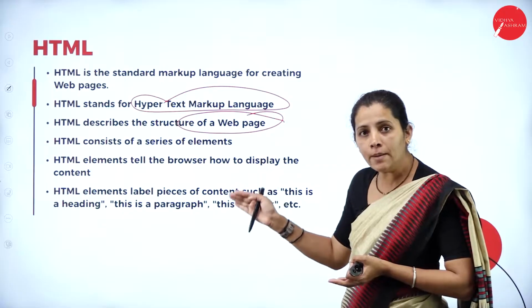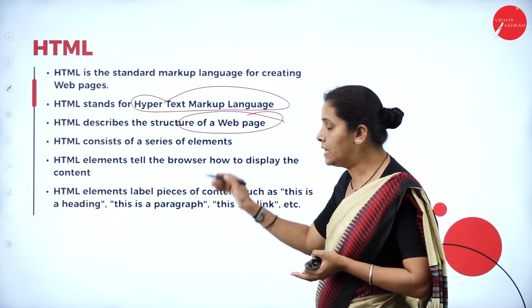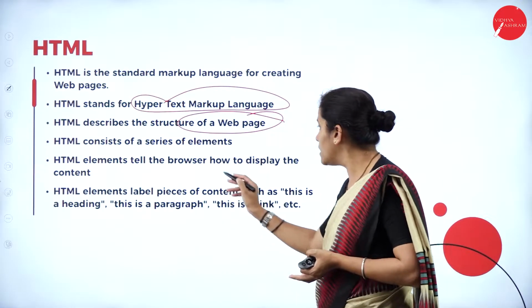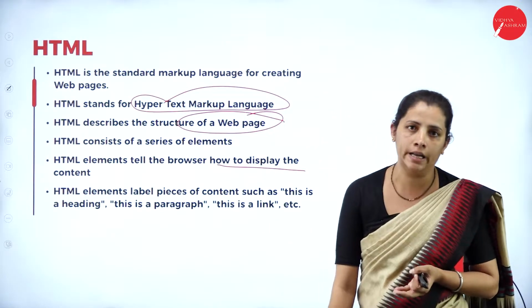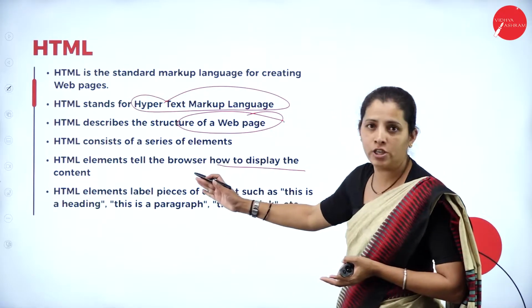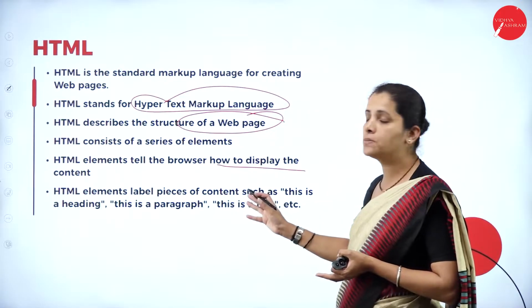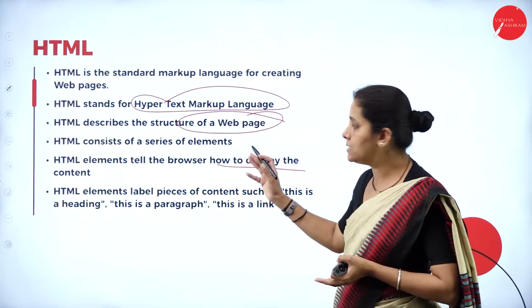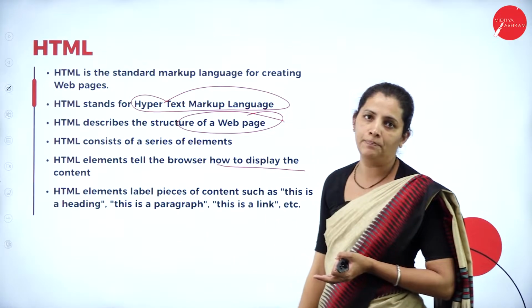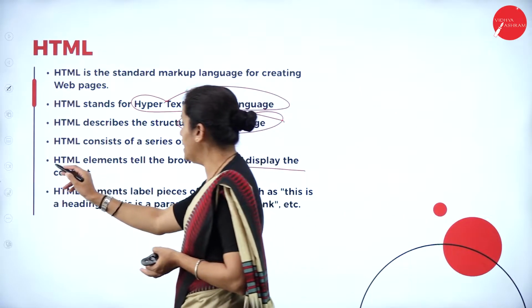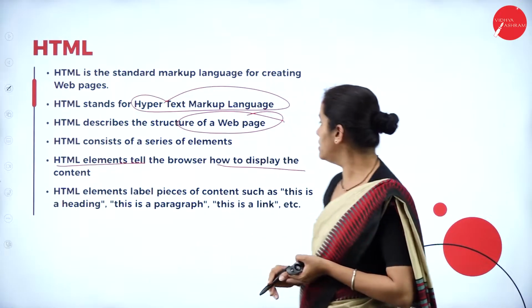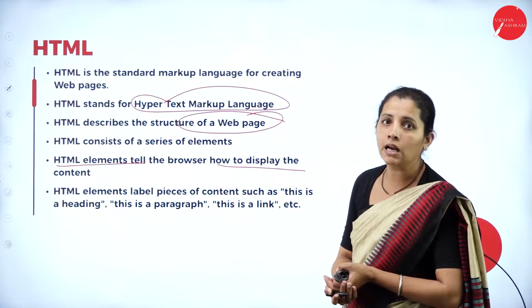Now, this HTML element tells the browser how to display the content, in which fashion you have to display the content. Who is responsible for telling this? That's nothing but HTML. So here HTML elements tell the browser how to display the content.